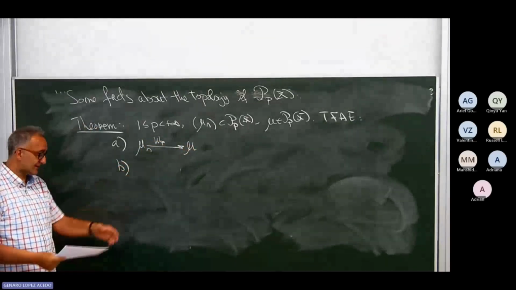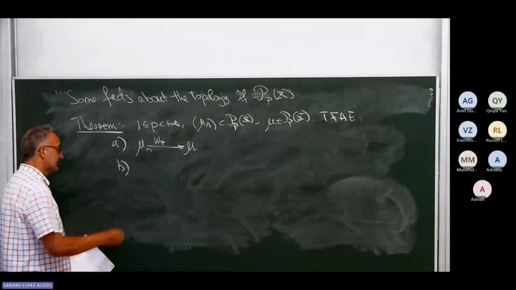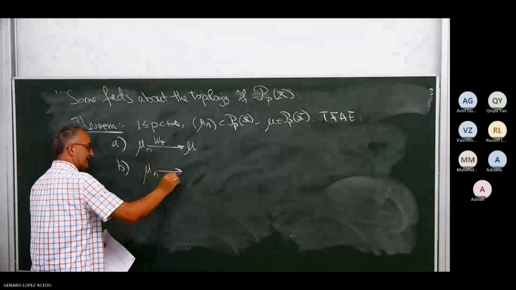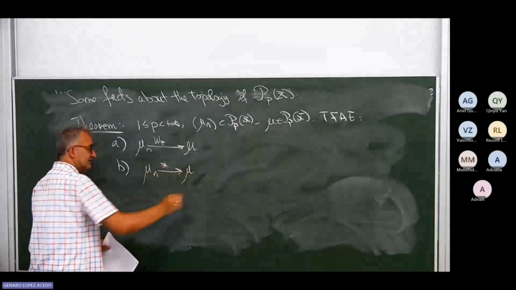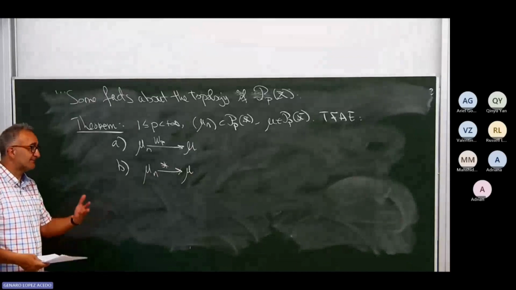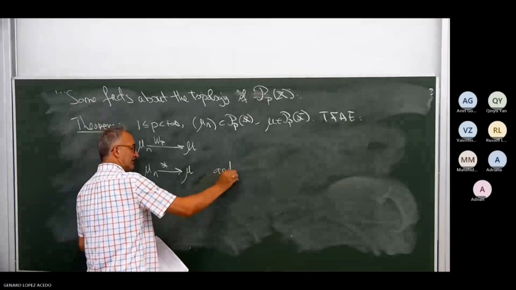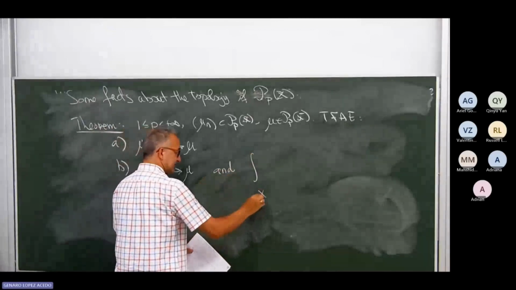The convergence with respect to the metric is going to be very close to the weak convergence, the narrow convergence, right? The weak convergence, but for the weak convergence to work well, we need to add some mass conservation.